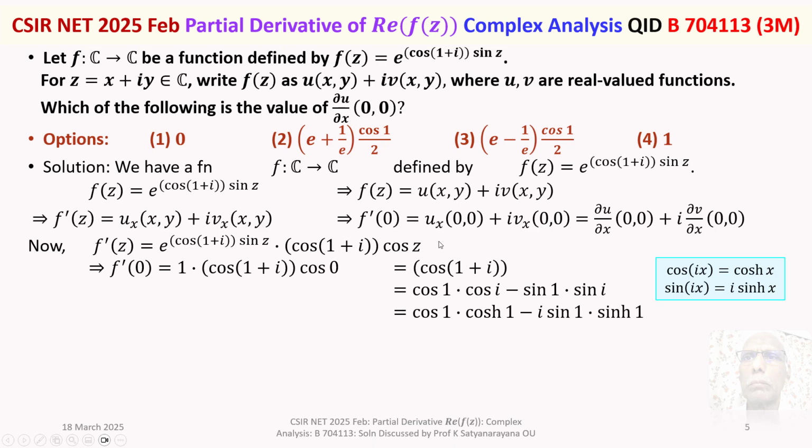So, this is f prime 0. What is f prime 0 on the other hand? On the other hand, it is del u by del x at (0,0) plus i times del v by del x at (0,0). These two are equal.